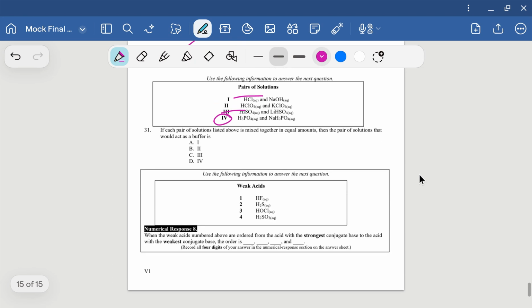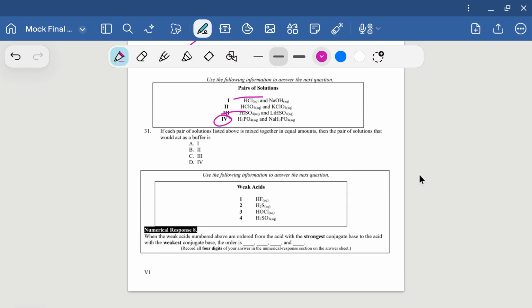And then this last one, if you're asking about when the weak acids are numbered from the acid with the strongest conjugate base to the acid with the weakest conjugate base. So the strongest conjugate base would mean the weakest acid. So you would be going from your weakest acid to your strongest acid.